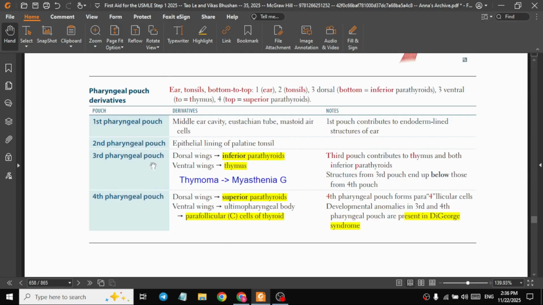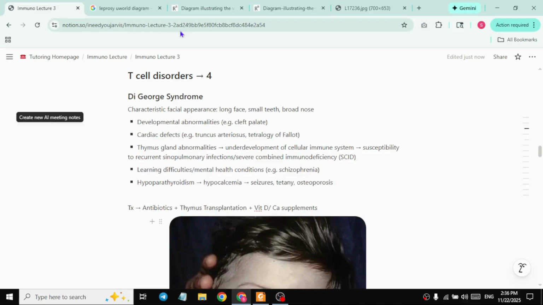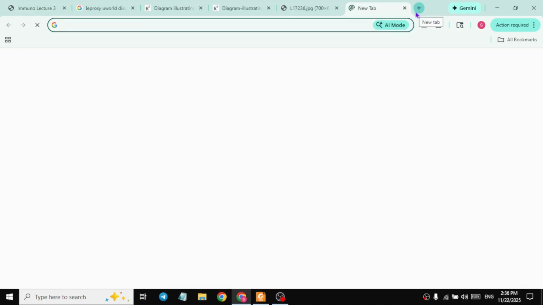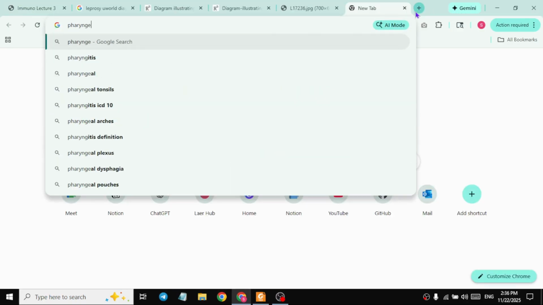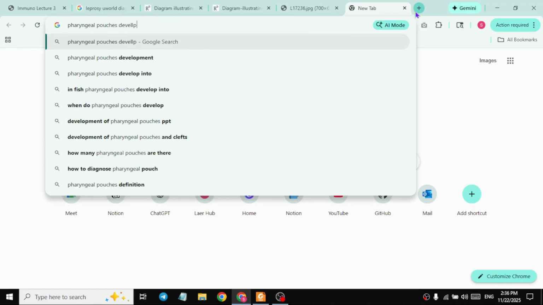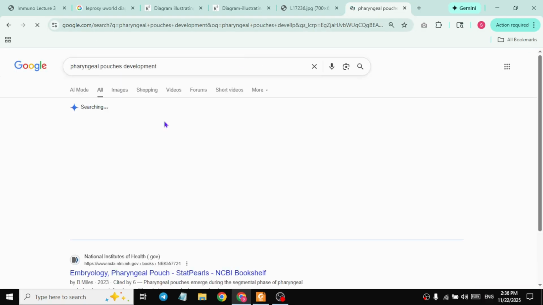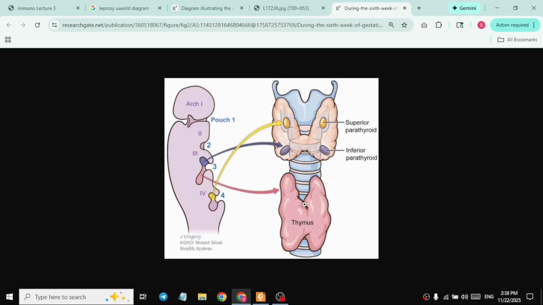Now, remember that there are different types of wings when it comes to pharyngeal pouches. Let me just show you. So we see here, right, the pharyngeal pouch 3 and the pharyngeal pouch 4, right?